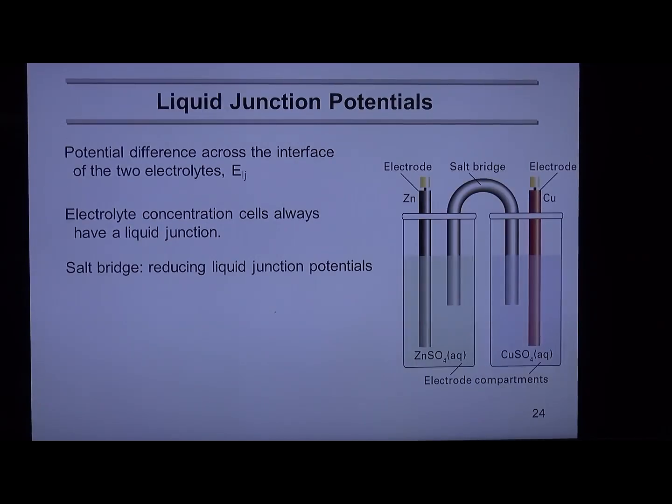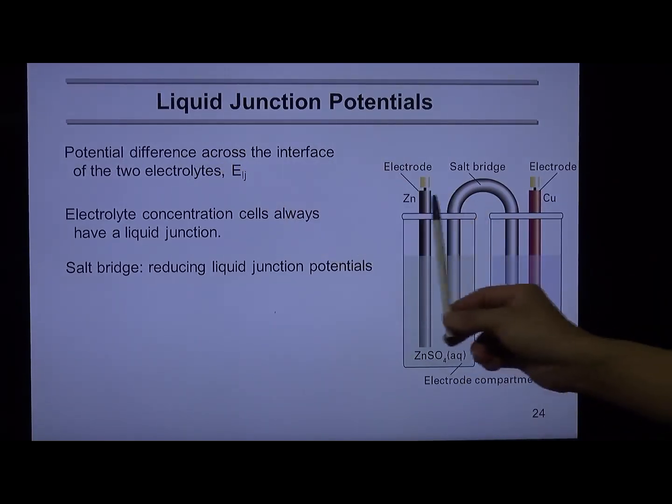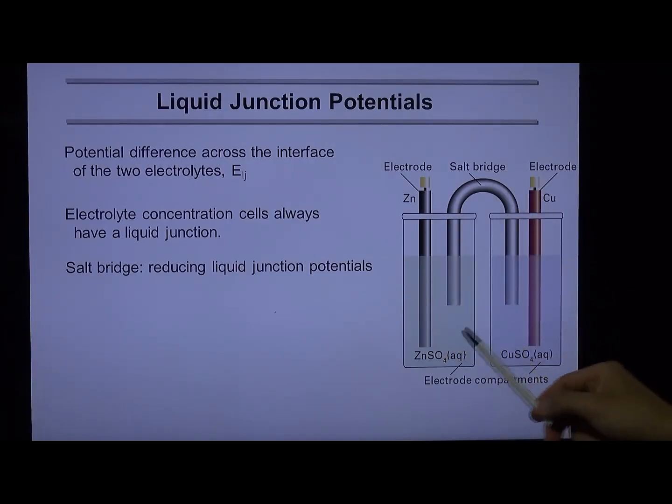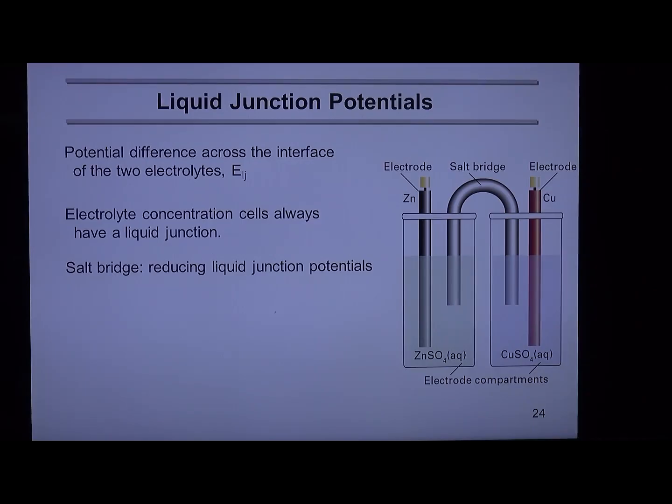In that case, between these two different electrolyte solutions, there is also an electrical potential difference. Not only between these two different electrodes, but also between these two different electrolyte solutions, there is an electrical potential difference.